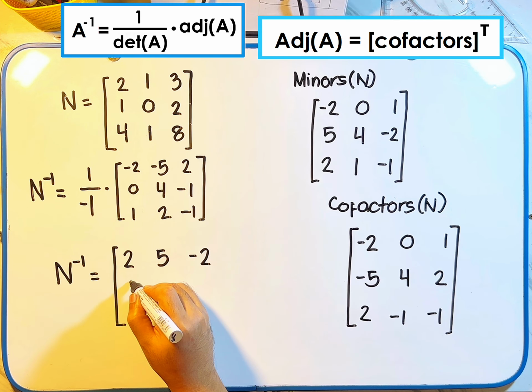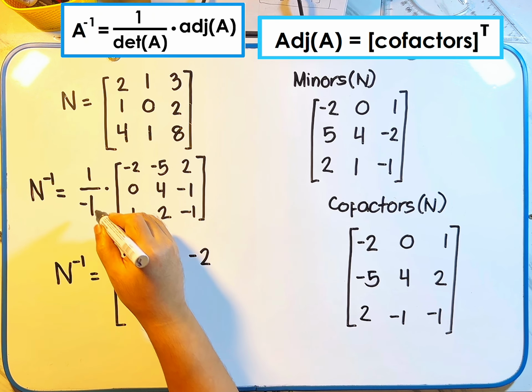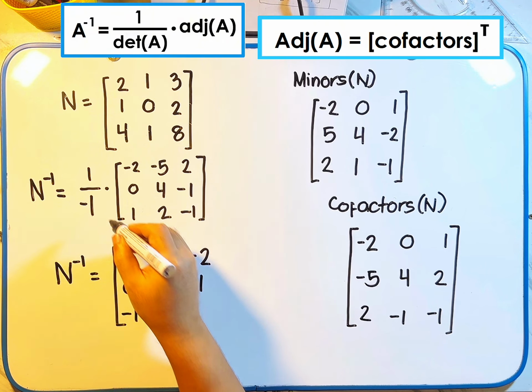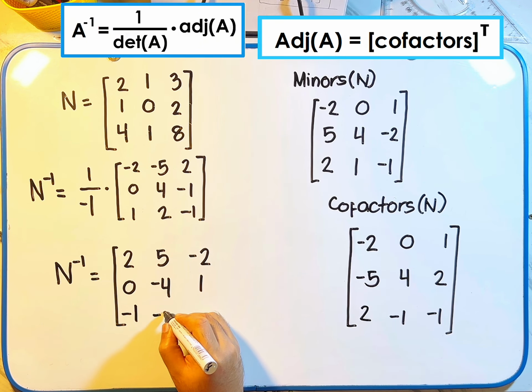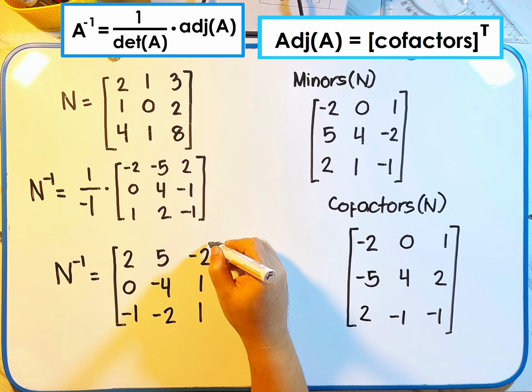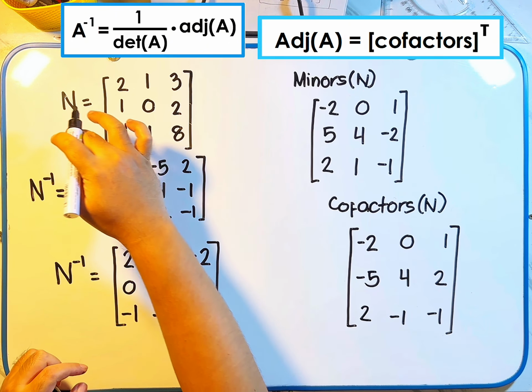Negative 1 times 0 is still 0. Negative 1 times 4 is negative 4. Negative 1 times negative 1, positive 1. Negative 1 times 1 is negative 1. Negative 1 times 2 is negative 2. Negative 1 times negative 1 is positive 1. And there you go. This is the inverse of the given matrix.